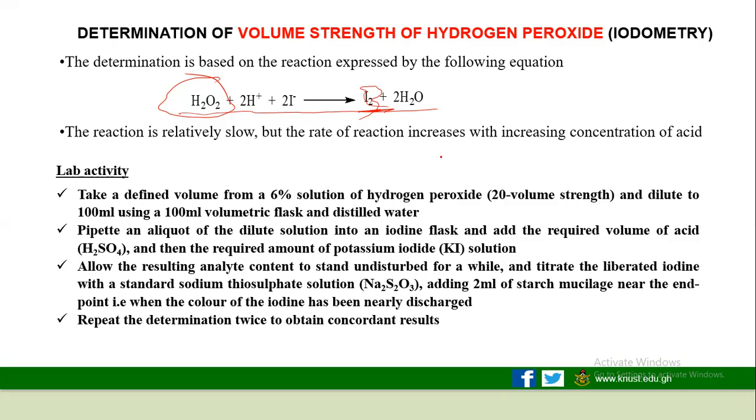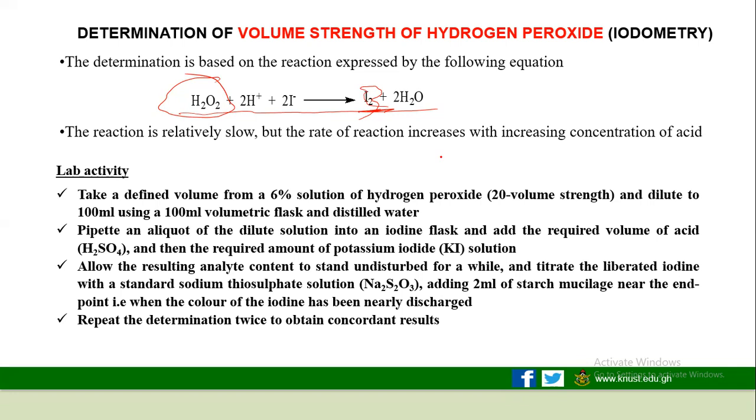Allow the resulting mixture to stand for a while and titrate the liberated iodine with a standard sodium thiosulfate solution, adding 2 ml of starch mucilage near the end point, that is when the color of the iodine has become nearly discharged.